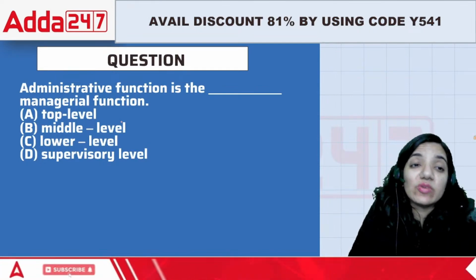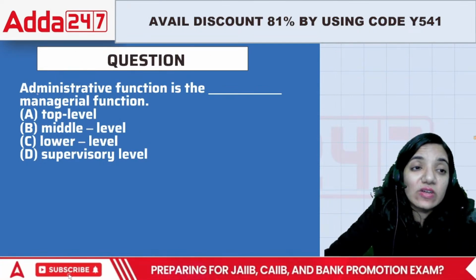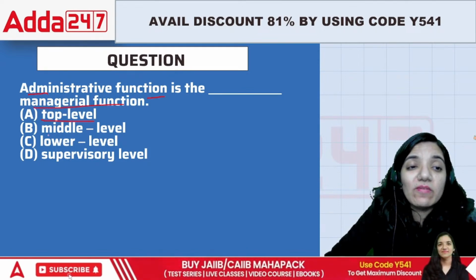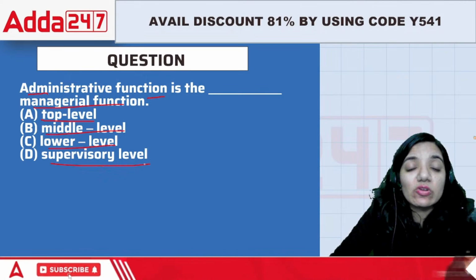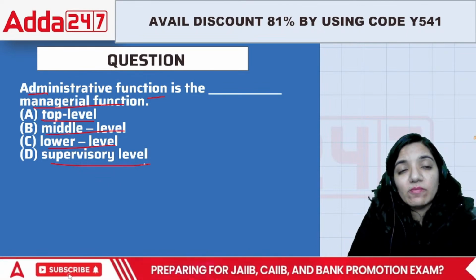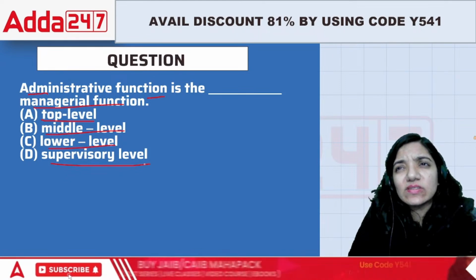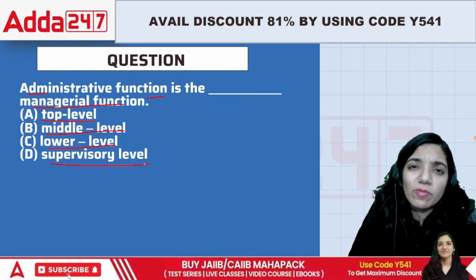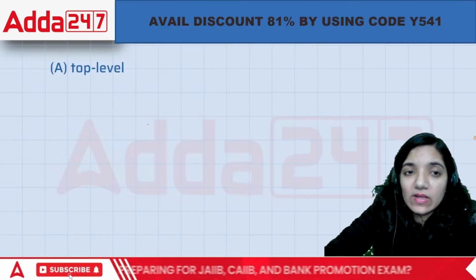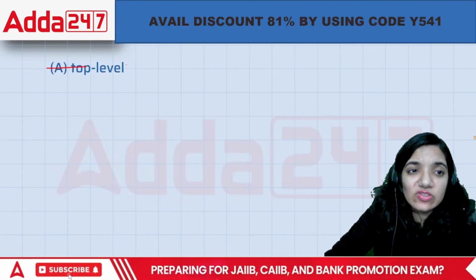Here comes the next question. Administrative function is the managerial function of top level, middle level, lower level, or supervisory? When we talk about administrative function, decision making and everything is done by the top level, so they lead the organization. But the answer is middle level, not top level.